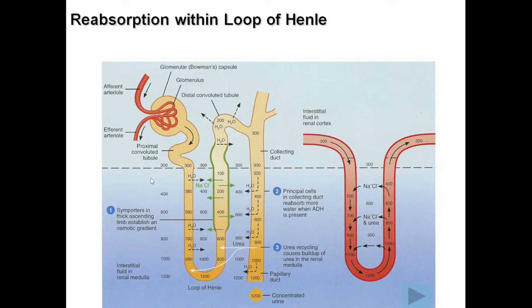And there is always some degree of hypertonicity in the medullary interstitium with a gradient of increasing osmolarity from the outer to the inner medulla. So this is the gradient which ranges from 300 and reaches up to 1200 at the tip of the loop of Henle.